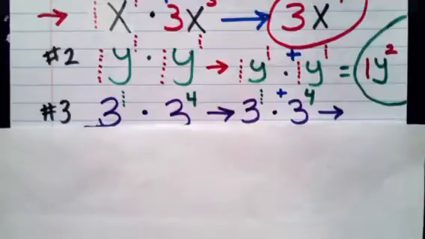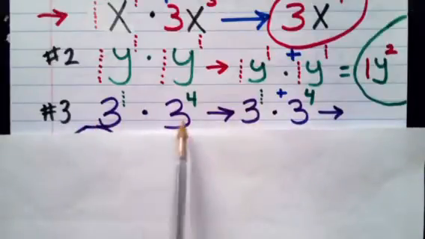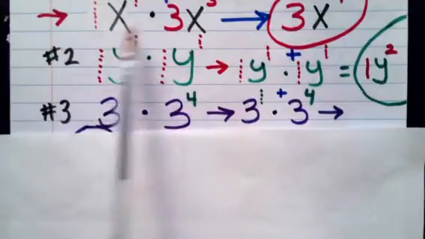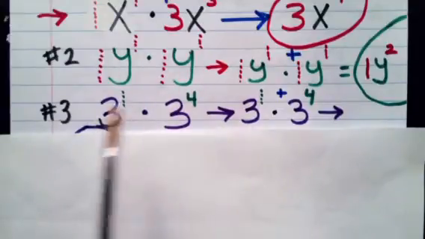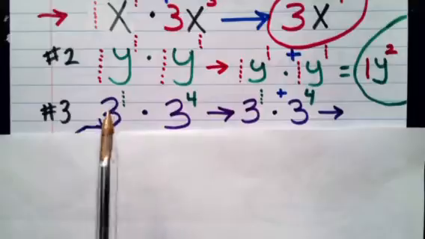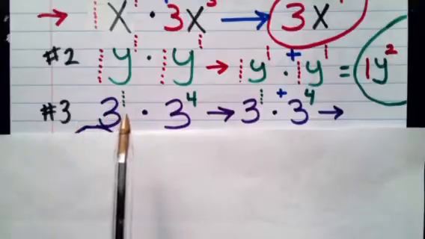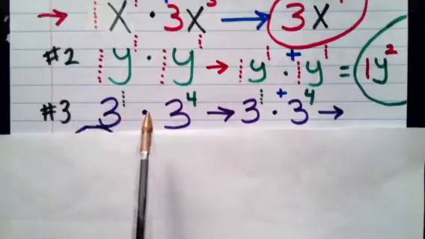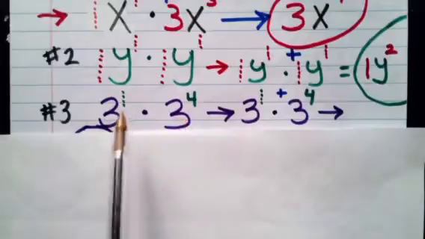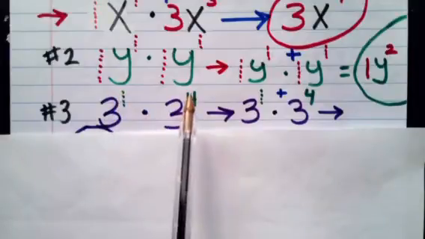So here you can see we have the same base, 3 times 3. So when the base is the same, just like the y's, just like the x, you keep the base the same. So in our answer, we're going to have the answer of 3 times 3. So 3 to the first power times 3 to the fourth power.